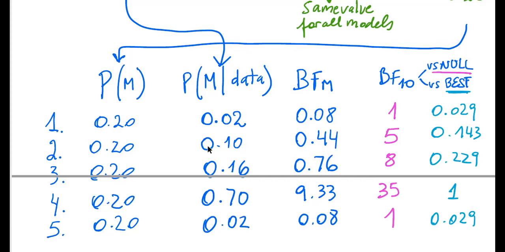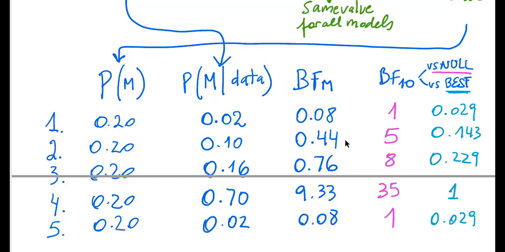So we do 0.10 divided by the probabilities of all the other models together, which is 0.9. So 0.1 divided by 0.9, and that's the posterior odds. Then we take the value that we obtained there, divided by 0.25, the prior odds, and that gives us the BFM, which is 0.44.